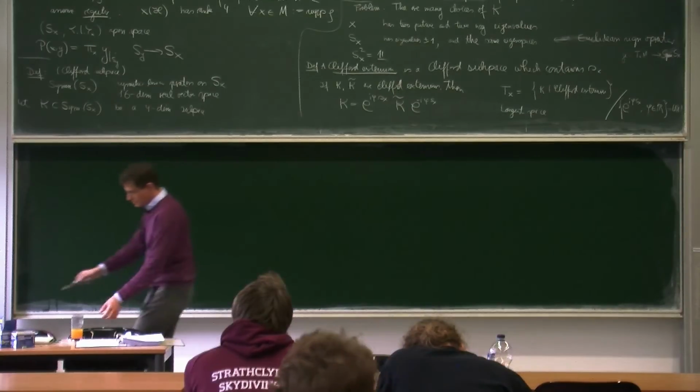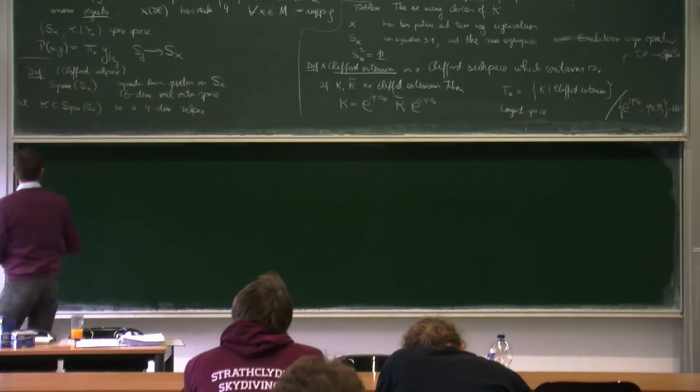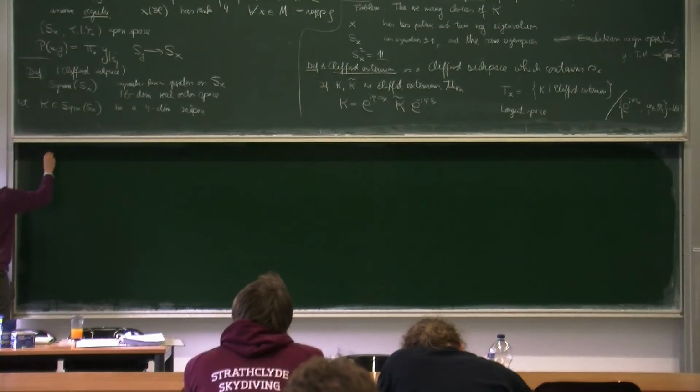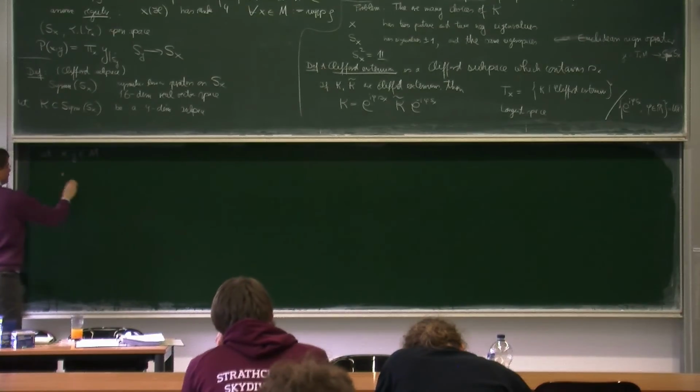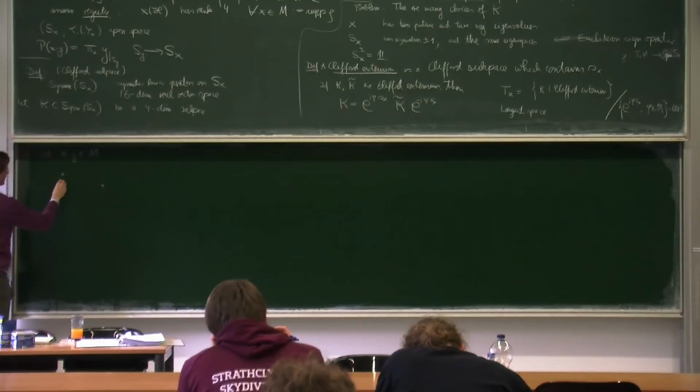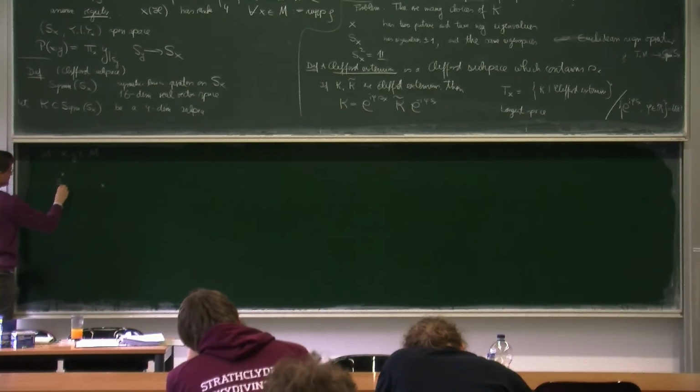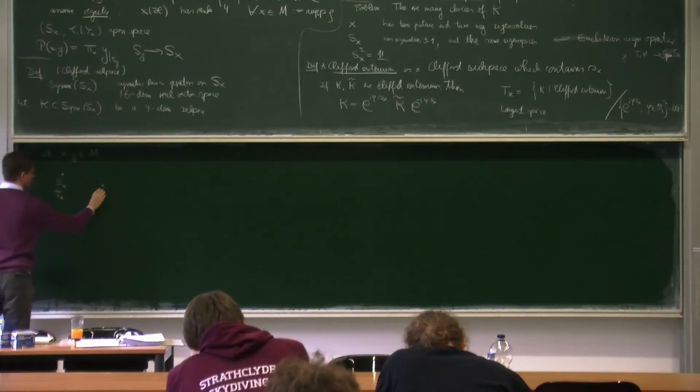At least, that's our next goal, which is the following. Now we choose two points in M. At this point, we have first of all the spin spaces, and we have the tangent spaces, which we just defined.